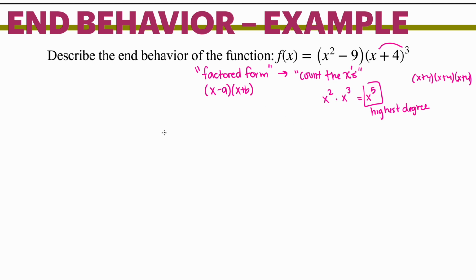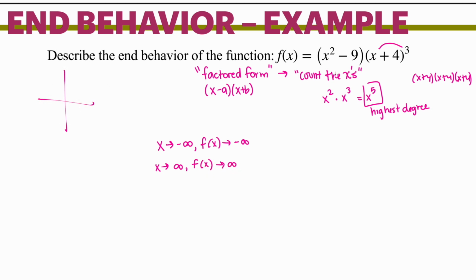We don't care about anything else, but we do know that it is a positive x to the fifth. So this is an odd function, which means as x is heading to the left, the function is heading to the left, so that should be negative. And as x is approaching the right-hand side, the function is also approaching the right-hand side.